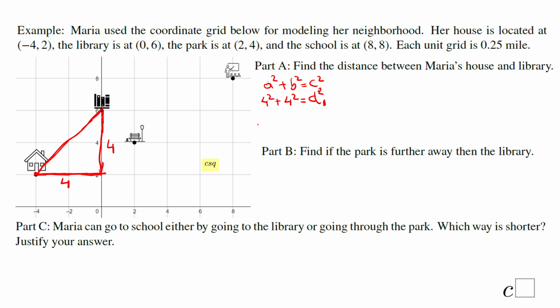So then we have d1 squared is going to be 16 plus 16, and that will be 32.